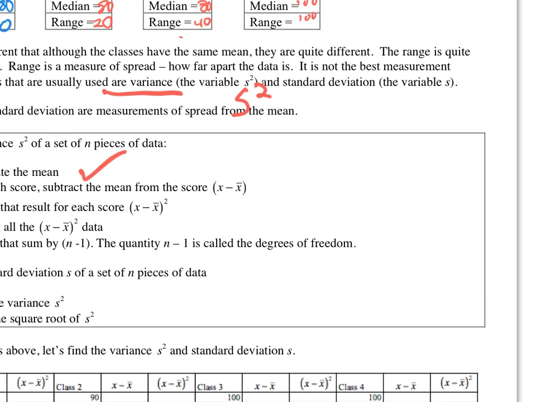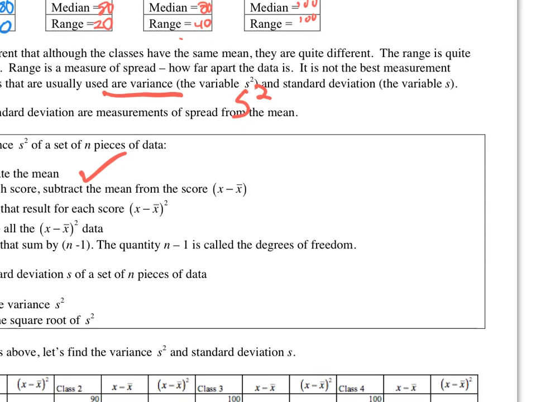Can you list me the data for class 3 again, just so I have it written right here? 100, 90, 90, 80, 70, 60. These are my x's.